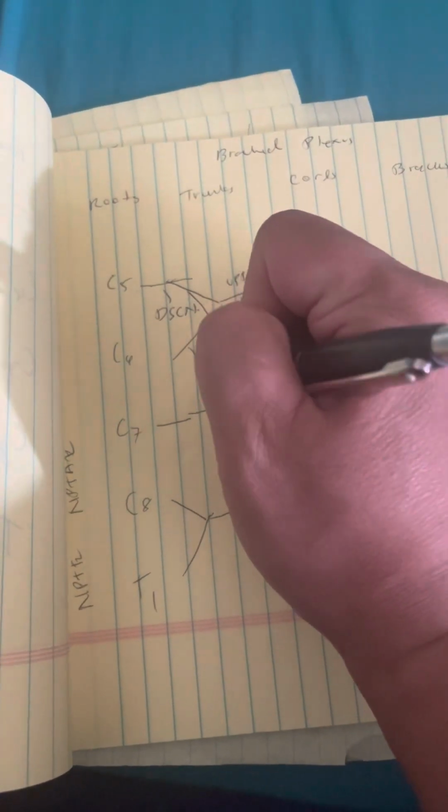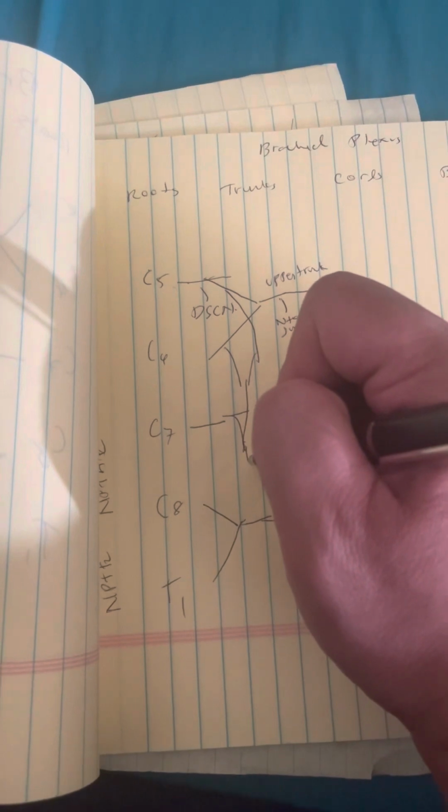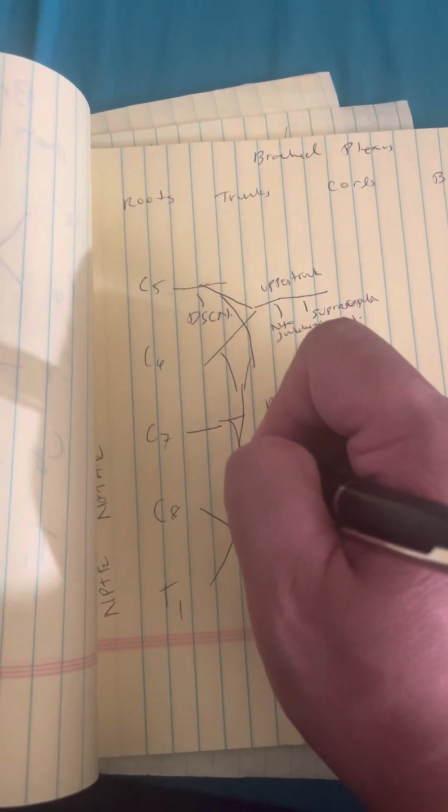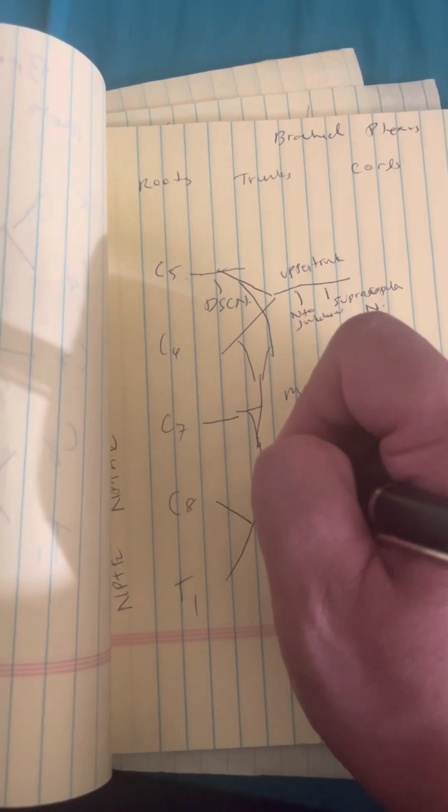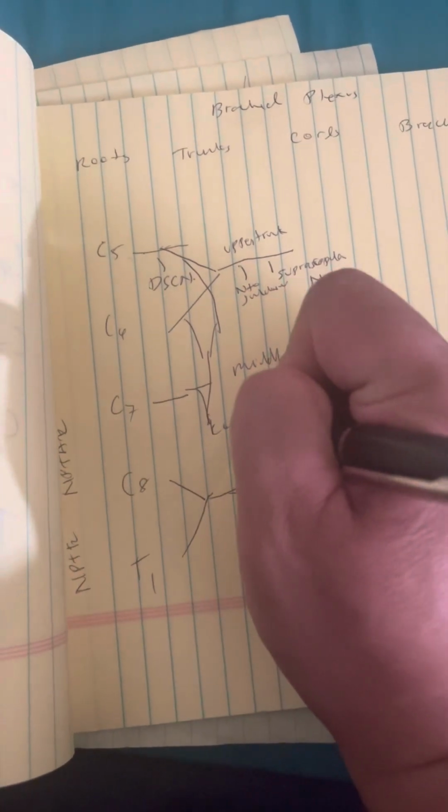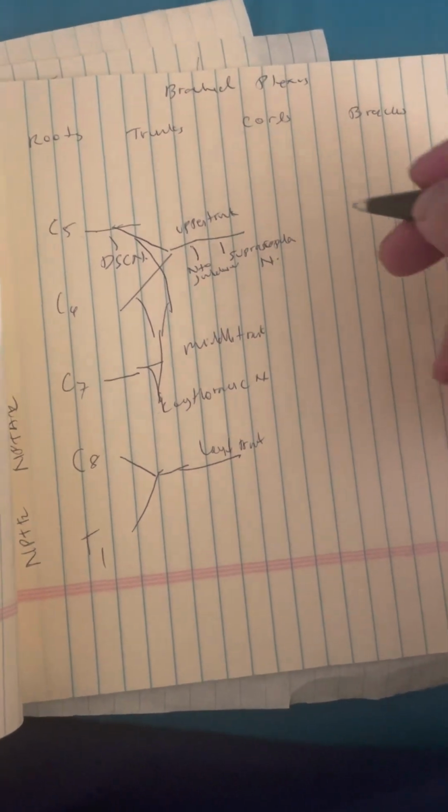Okay, so there's a subclavius and suprascapular nerve. Now C5, C6, and C7, there is a long nerve here. It's pretty long, and it's known as the long thoracic nerve, which supplies what? The serratus anterior, remember that, okay? So now we'll go to the upper trunk, middle trunk, and lower trunk.